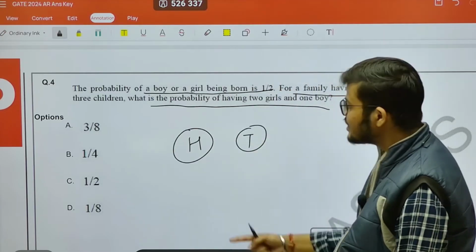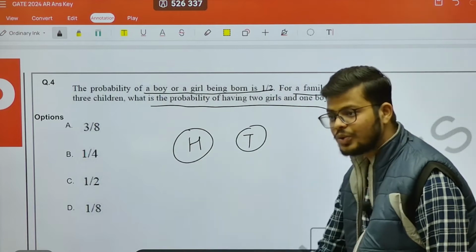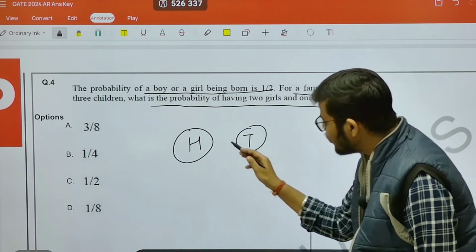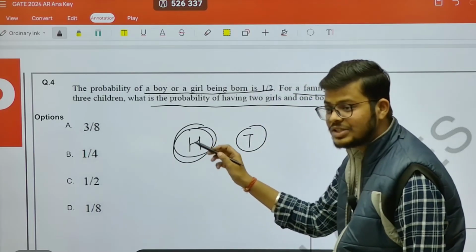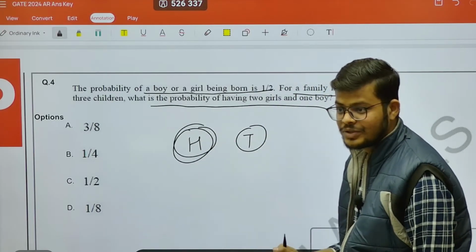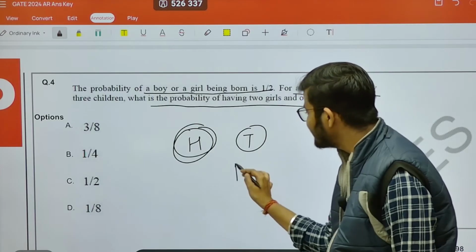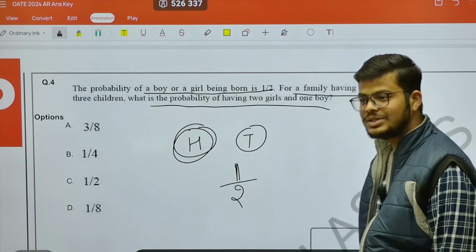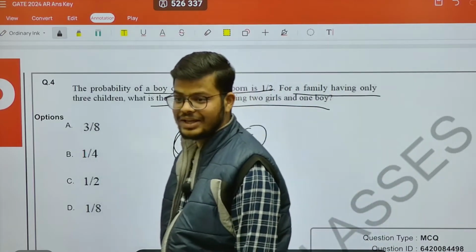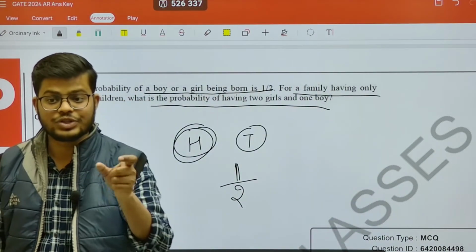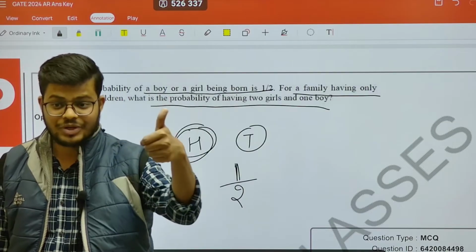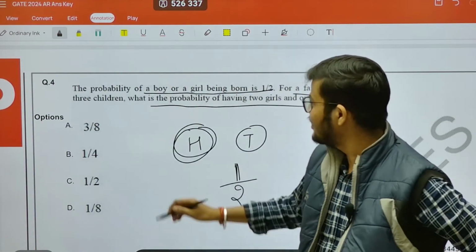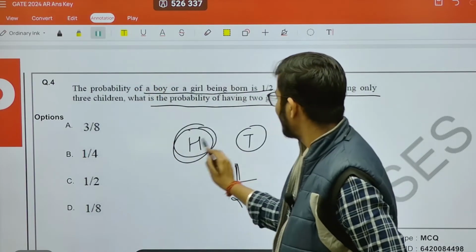If I ask what is the possibility of getting head when you toss a coin, the answer is 1 out of the total outcomes. 1/2 is the possibility. That means the outcomes are equally likely. That means the number of desired outcomes divided by the total number of possible outcomes is known as probability. Right? Now in this case, what will be happening?